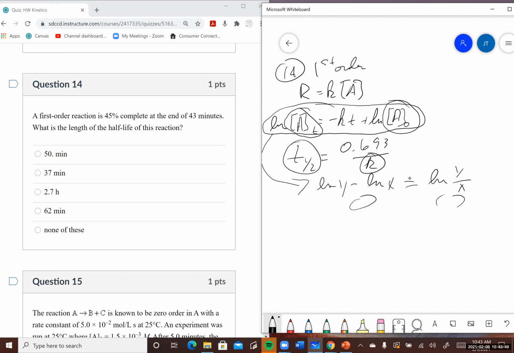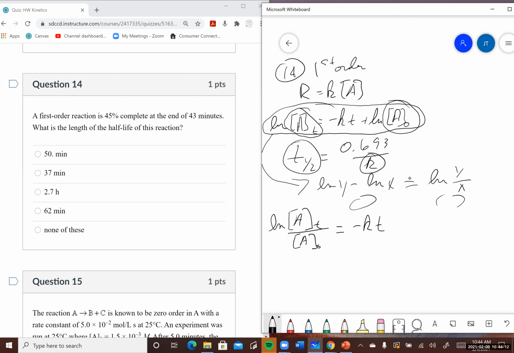Anyway, I'm going to use that law to change the integrated rate law from this form to this one. Check it out. ln of A at t divided by A 0 equals minus kt.